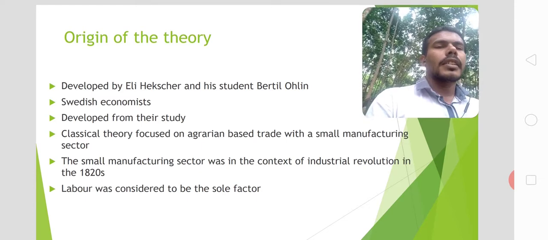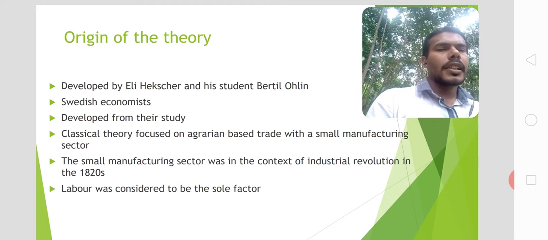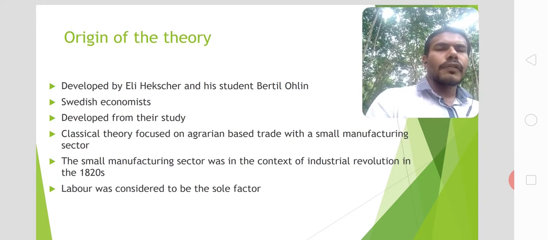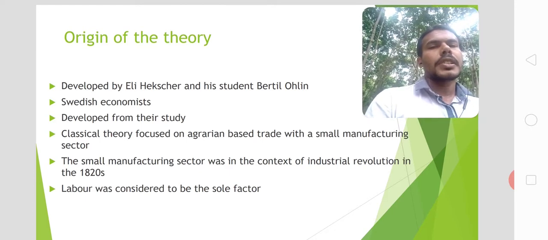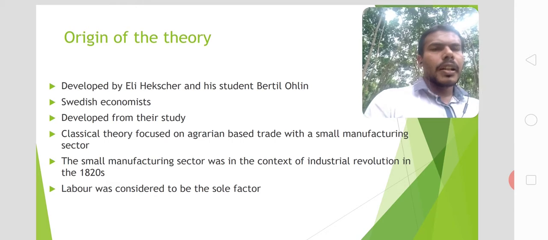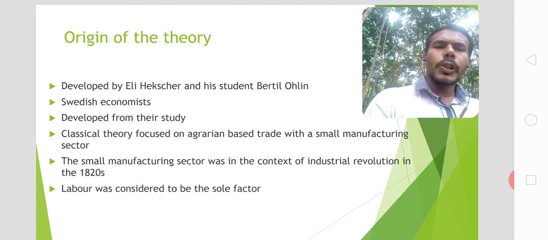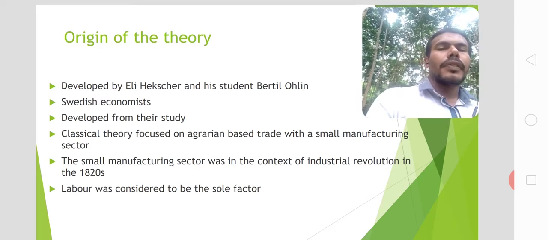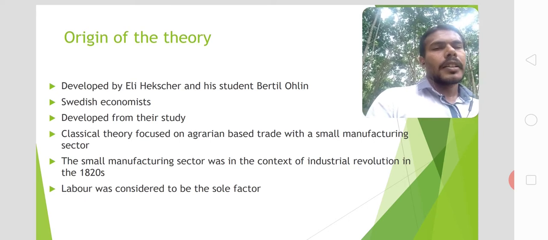That is actually the major point of discussion in the theory, as the differences in factor proportions will determine the comparative advantage. Capital abundant nations will have the comparative advantage in capital intensive commodities, and labor abundant nations will have the comparative advantage in labor intensive commodities.